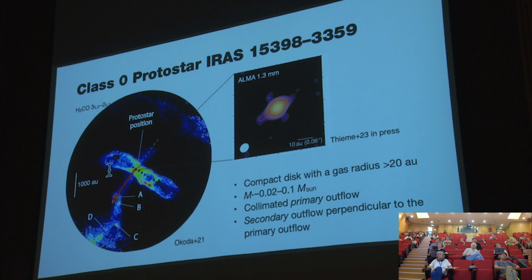That is why previous work suggests that this is an outflow. One more important point is that even in observations at high angular resolution, less than 10 AU, this protostar looks like a single source.